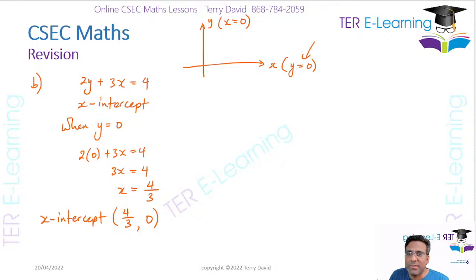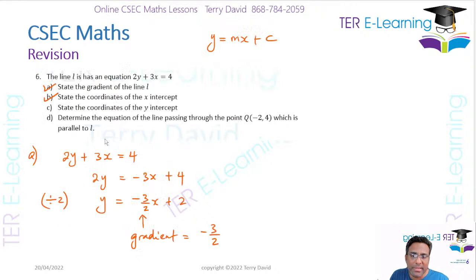So some of you, let me back up a little bit. Some of you are asking why it is negative. Look, this 3x here, when you carry it across to the right hand side of this equation, it's going to become negative. You had positive 3x on the left side. When you carry it across the equal sign, it's going to become negative 3x.